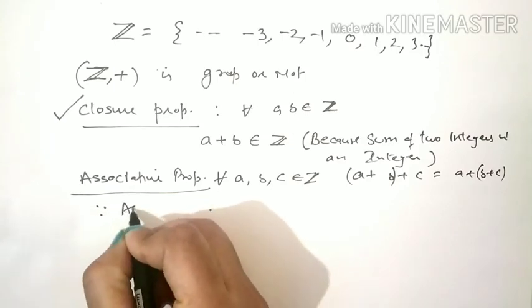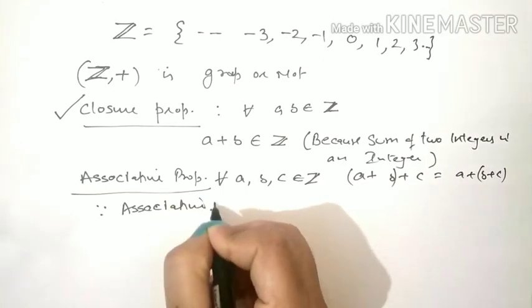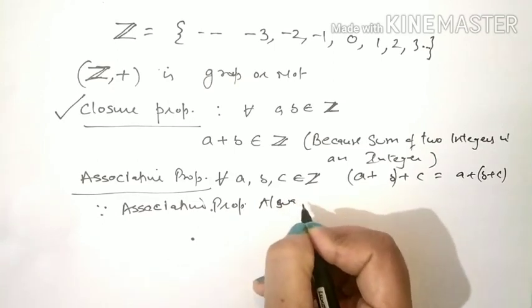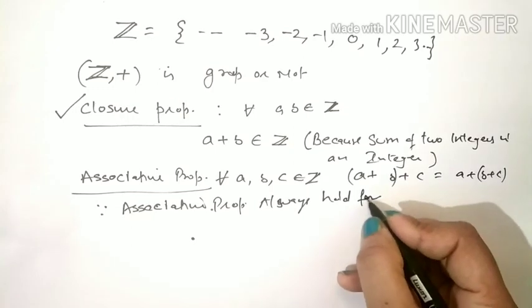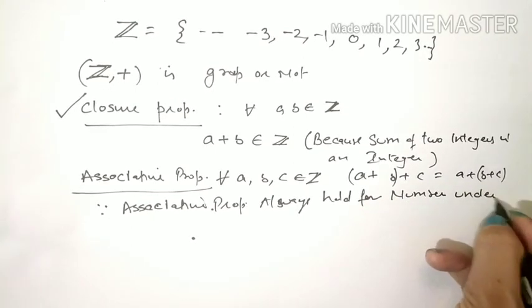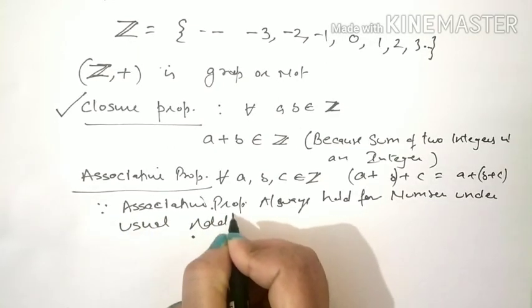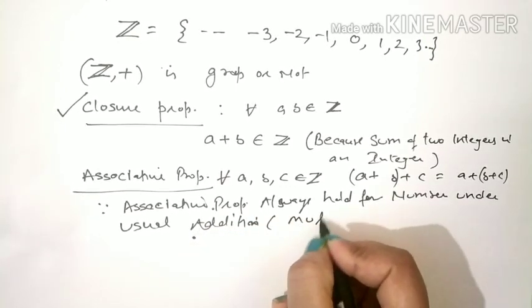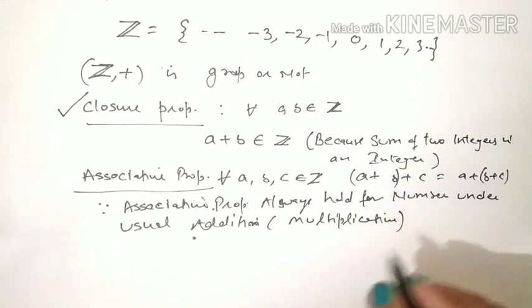Because the associative property always holds for numbers under usual addition, and if this is the question of multiplication, you will write here multiplication. Usual addition and multiplication, the associative property is always true.